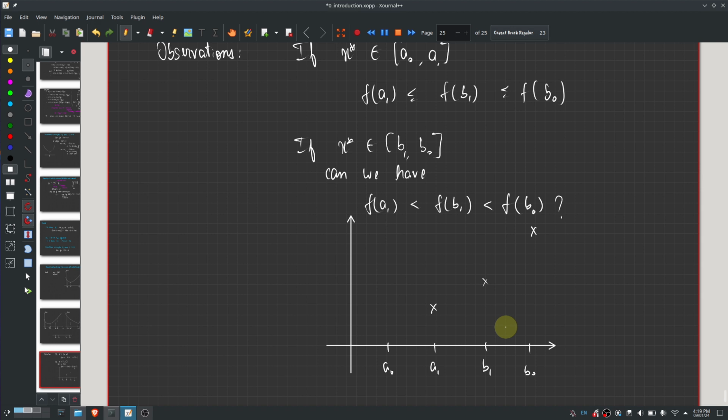No, I'm going to assume that A0 is less than A1, which is less than B1, which is less than B0. I'm going to always choose it in this particular way.